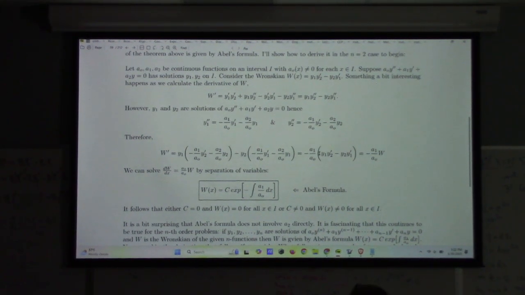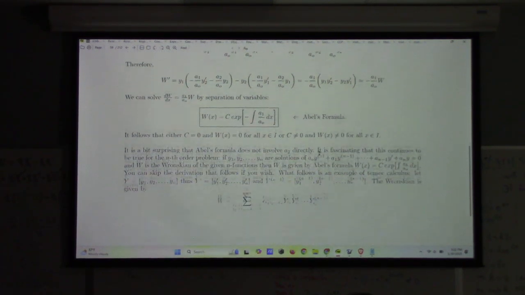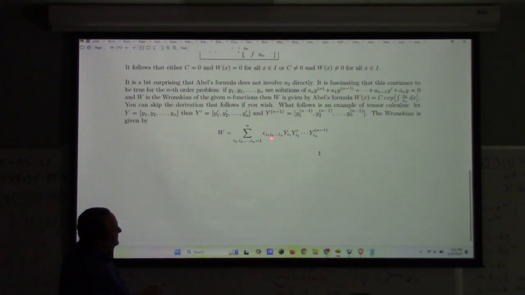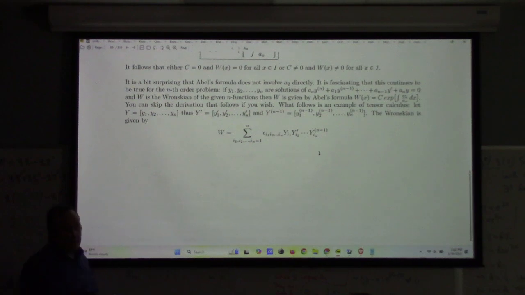So here is a formula. This is the formula for the Wronskian of n functions. This is the completely anti-symmetric symbol. This is a stone-cold formula for the determinant of an n by n matrix.